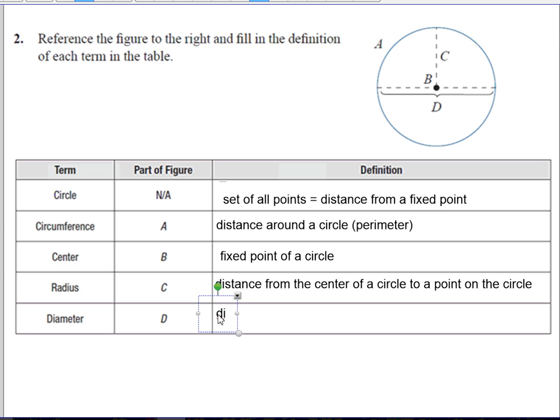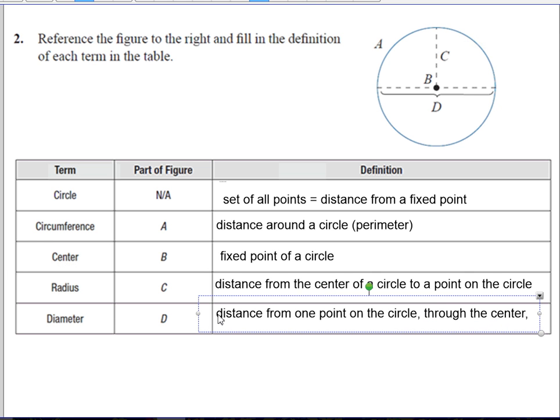And then the diameter of a circle is the distance from one point on the circle through the center to a point opposite it on the circle.